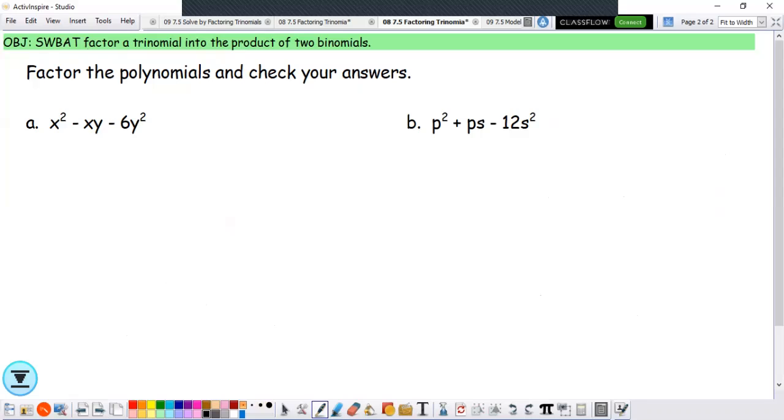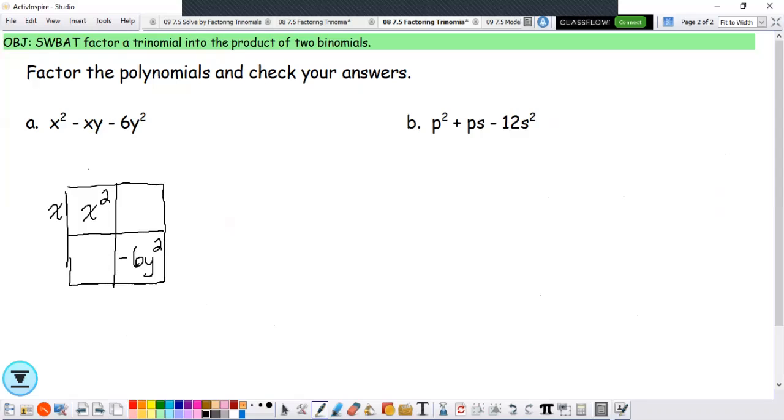Let's practice with two more. Here we have x squared minus xy minus 6y squared. So let's start with x squared in the top left corner, and the minus 6y squared in the bottom right. We know we'll have x times x to give us x squared. And to get y squared, we will have y times y.